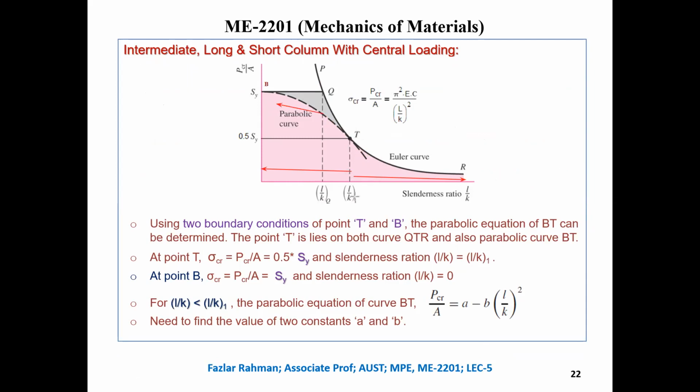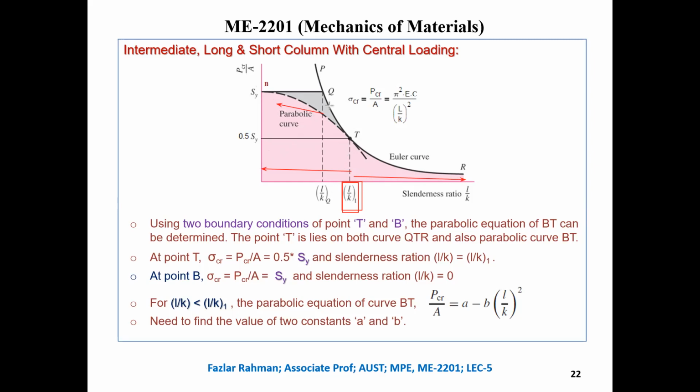That means if L by K is more than this critical value, L by K1, then the column is an Euler column. You can use Euler's equation. If the L by K value is less than this value, then you have to use the Johnson equation. This BT graph is called the Johnson equation.